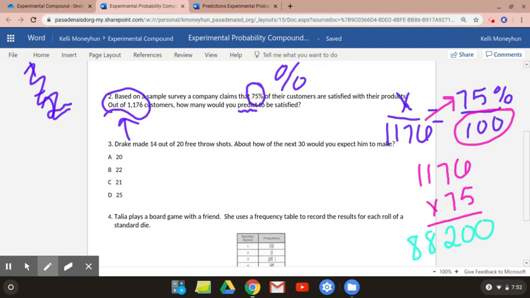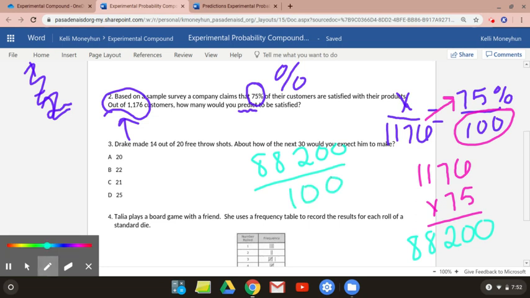I'm going to show you a trick. And remember with tricks, if you don't understand them, do them the traditional way. You can definitely do 88,200 divided by 100. But there's also a trick, okay? If you're dividing something by 100, you can cancel out the zeros at the end. So here's a 0 pair I can cancel.